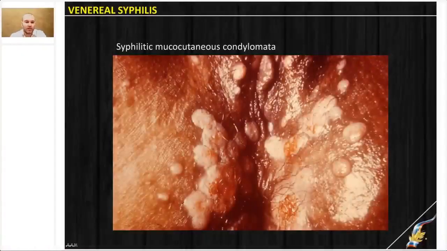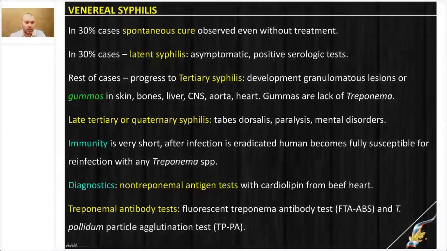And we have condylomata, a unique lesion in the area of the genital organs, looking like an overgrowth of tissue, like a papilloma or some cancer-like appearance. As we said, about 30% of people will have spontaneous cure, and even without therapy, immunity will deal with that bacteria.